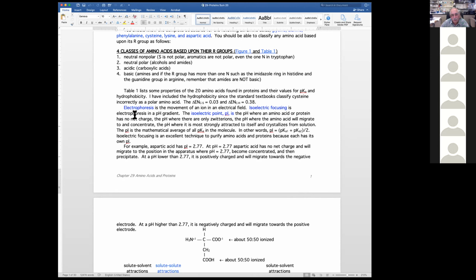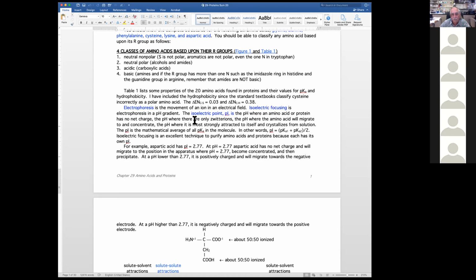So now we need to understand what is electrophoresis. It's the movement of an ion in an electrical field. That's what electrophoresis is. Isoelectric focusing is electrophoresis in a pH gradient. So the reason we need to understand that is we need to understand what is the isoelectric point.